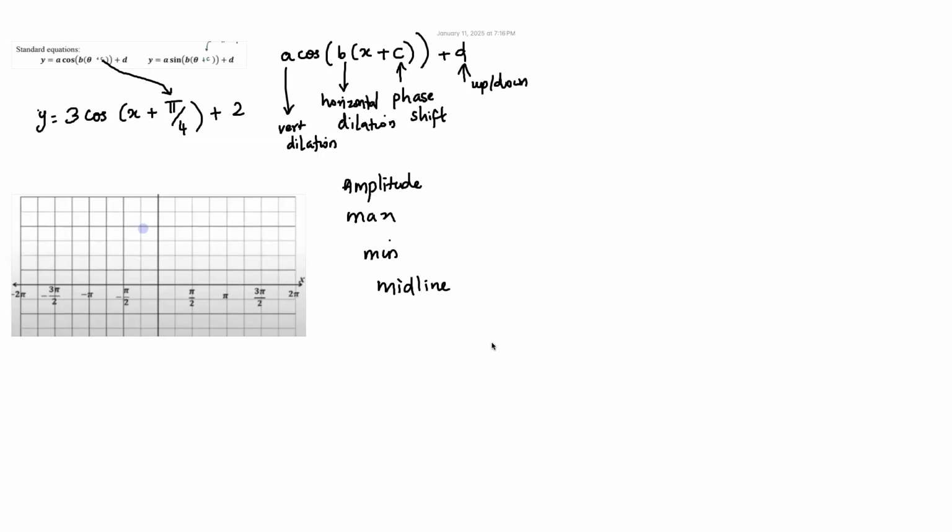The lowest point would have been in the middle of these two, so this should have been here. And then -1. I'm not including the phase shift, guys. And here, and here.